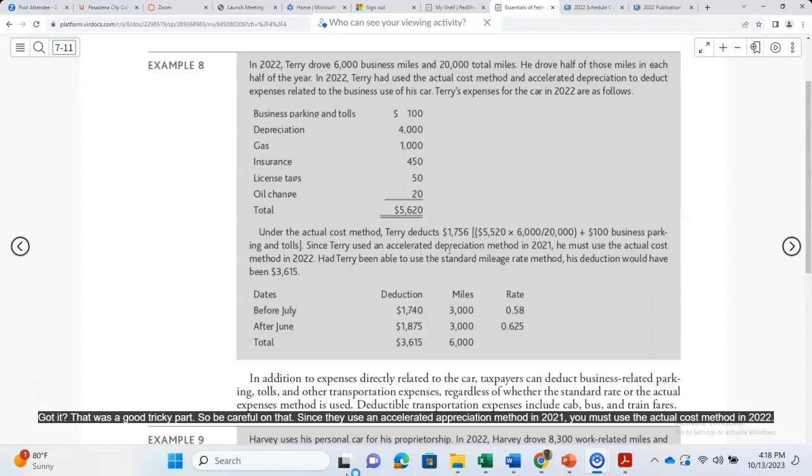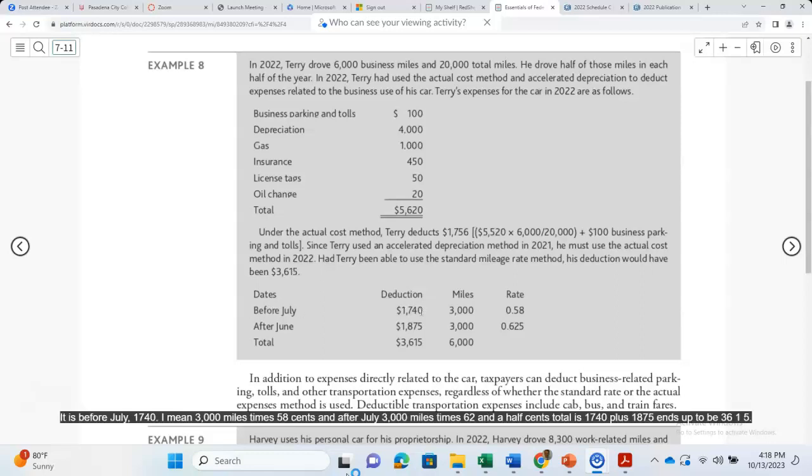Since Terry used an accelerated depreciation method in 2021, he must use the actual cost method in 2022. Had Terry been able to use the standard mileage rate method, his deduction would have been $3,615.